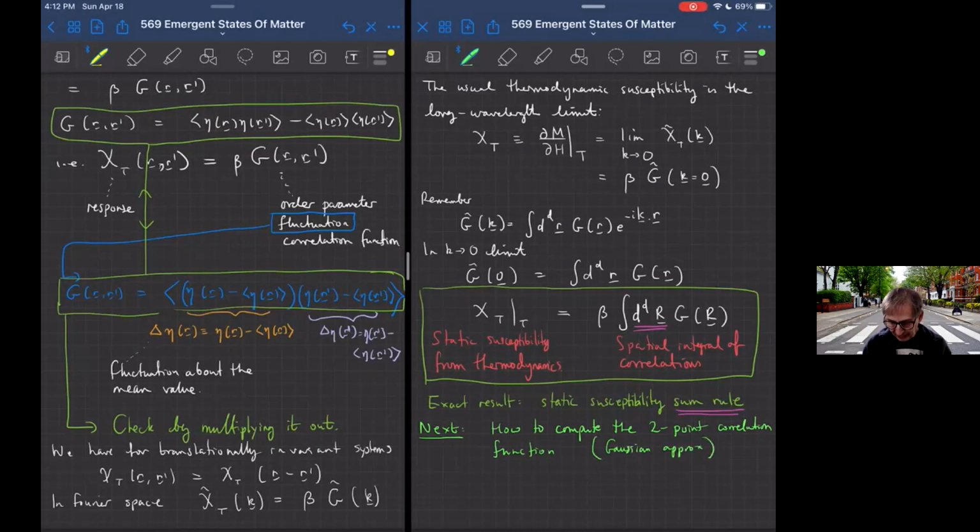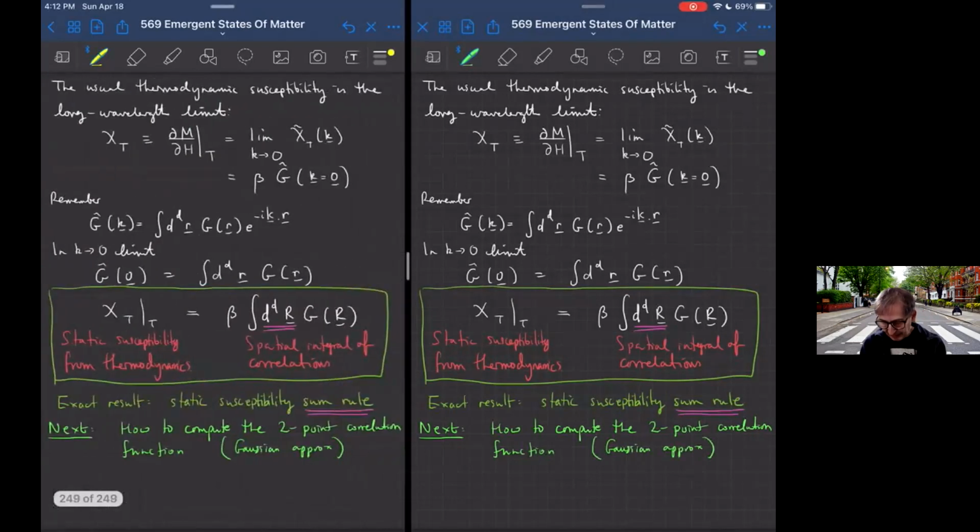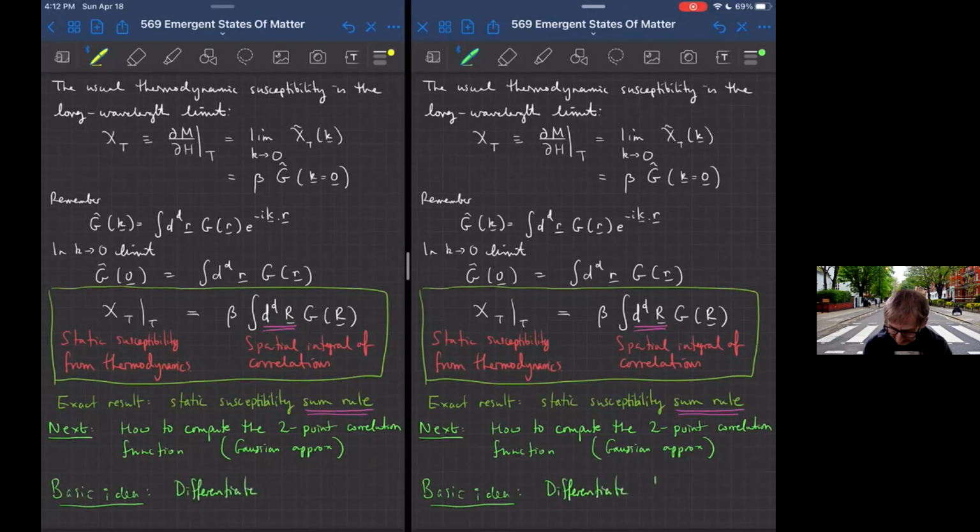So what is the basic idea? The basic idea is to literally differentiate the Landau free energy in order to get the order parameter.